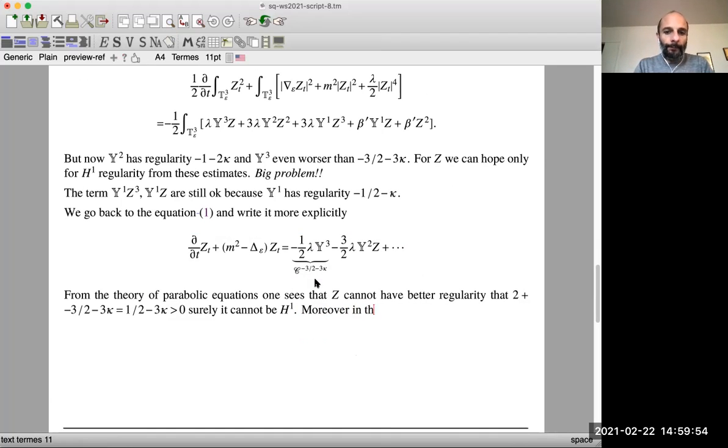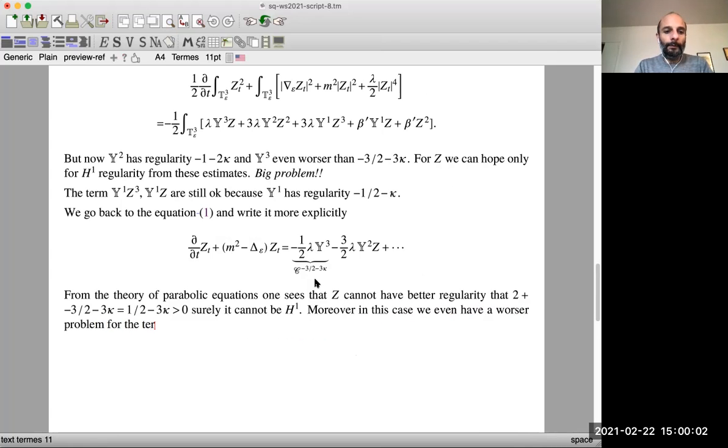Okay, in this case, we even have a worse problem for the term y squared 2.